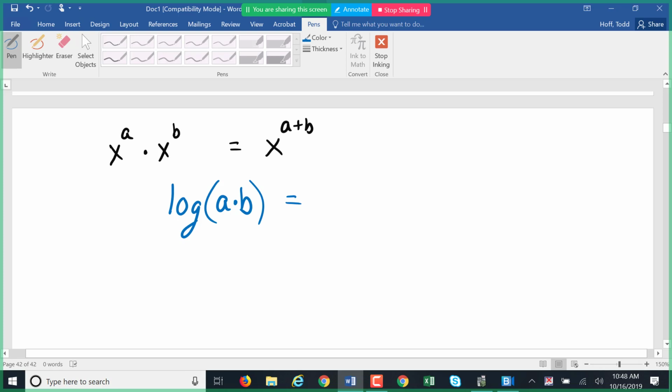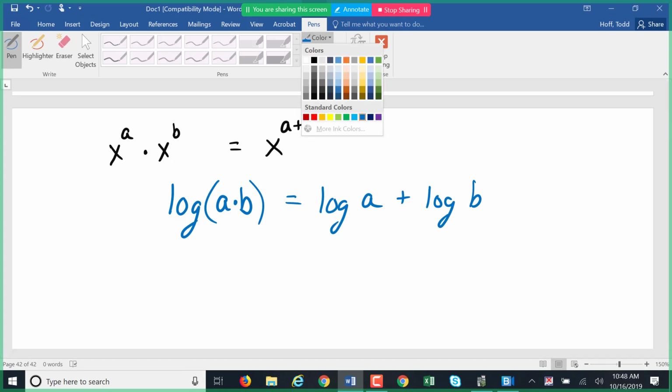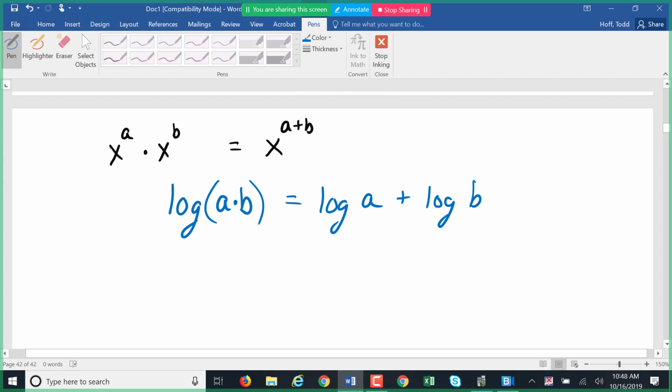Remember, this is just saying x to the power of something equals a. I can separate that into log of a plus log of b. So for an example, I can take something like log of 40.